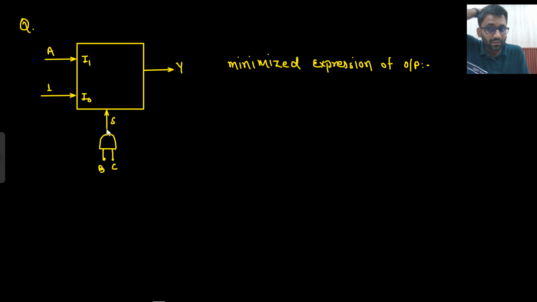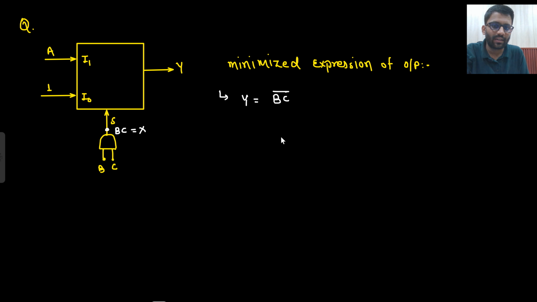Minimize the expression. So just write down the expression by your conventional method. So what will be the select line? Select line will be BC, B into C. So what will be your output Y? If BC is not there, basically, I can assume this as X, right?